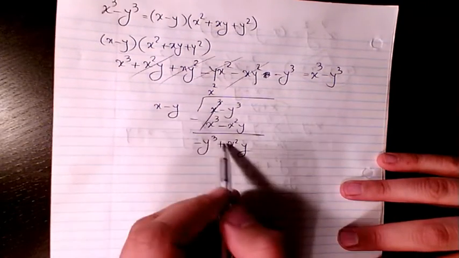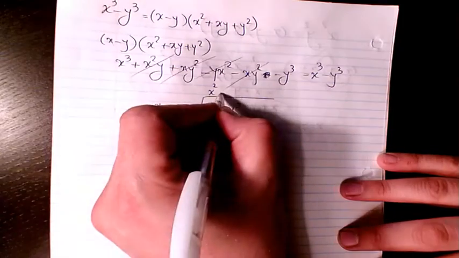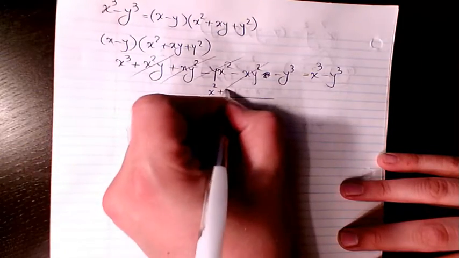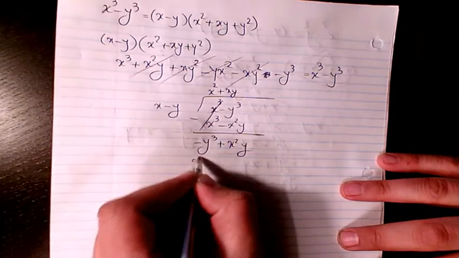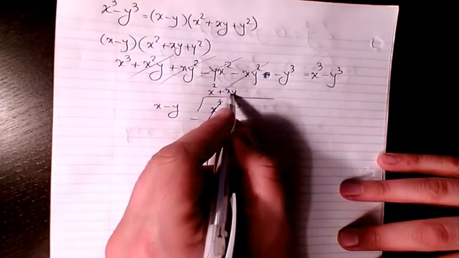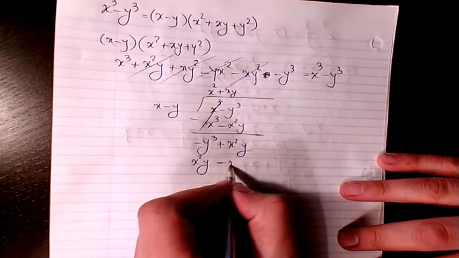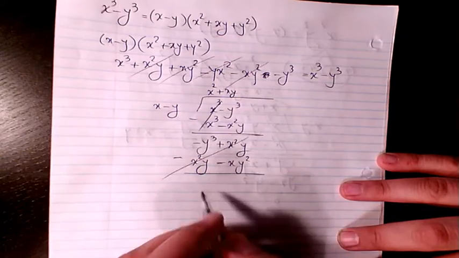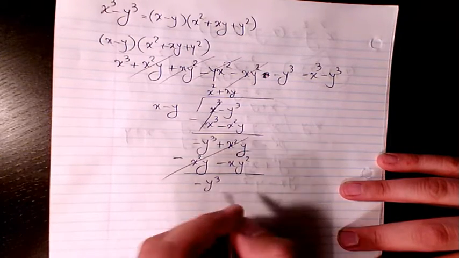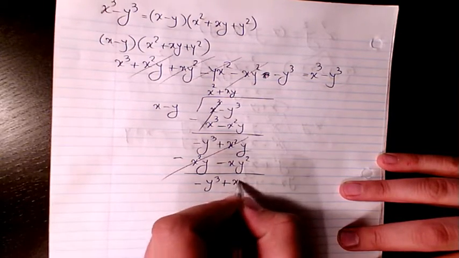Next one will be positive xy. Positive xy times x will be x squared y, minus xy times y is going to be xy squared. These two cancel out, it will be negative y cubed plus xy squared.